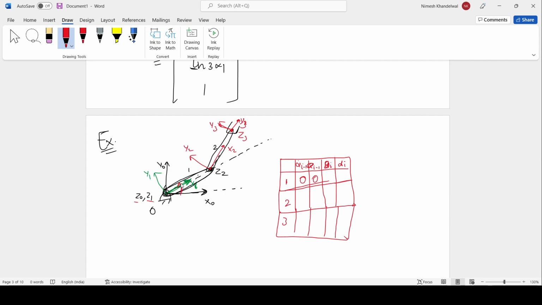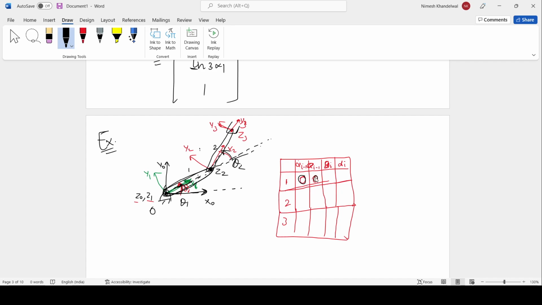We define this angle here as theta 1, from base to the link, and this angle here as theta 2, from the first link to the second link.